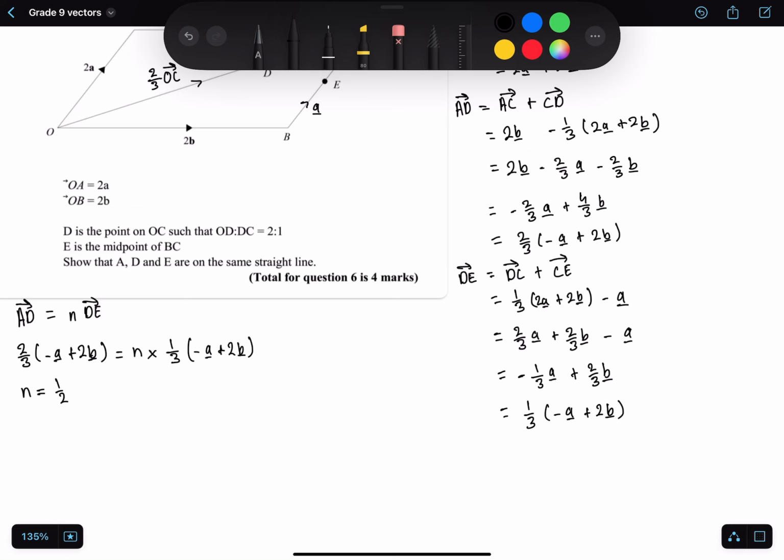And so now you just want to write that final statement, which is AD equals half DE.